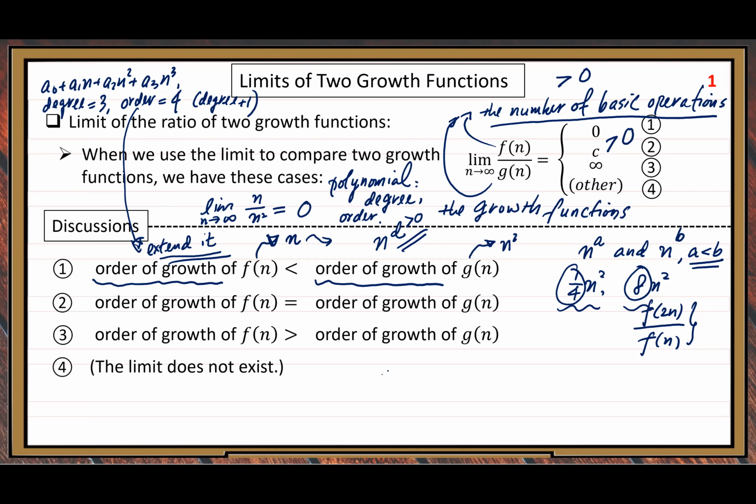Let us consider these two simple functions. The numerator function: 3 plus (-1) to the nth times n squared.